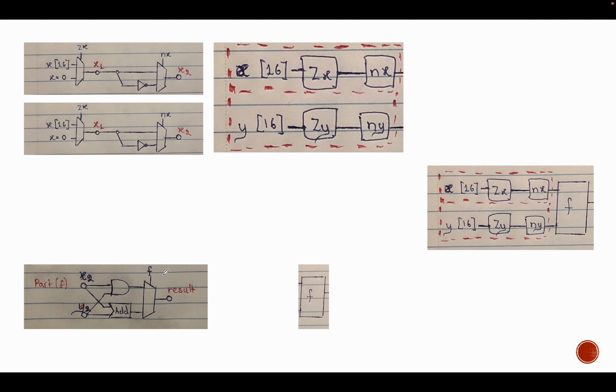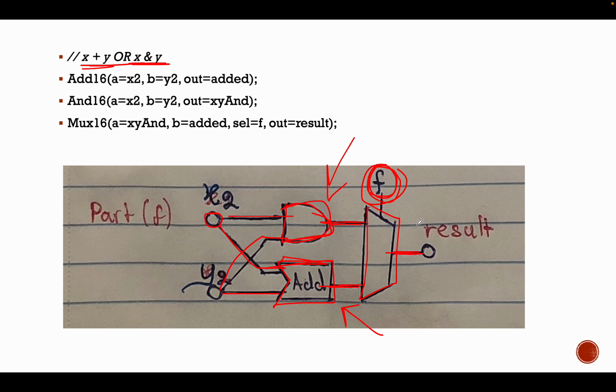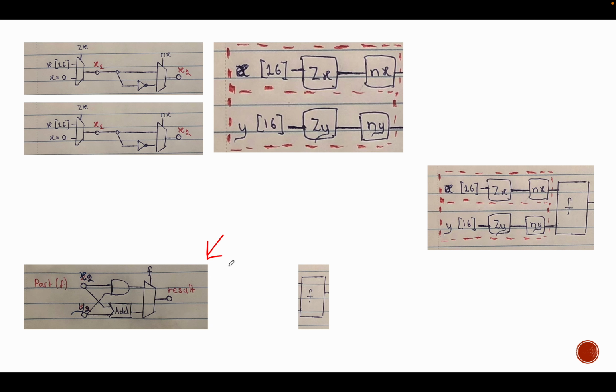Now, if you look here, this is the view. We can convert that into a more abstract view. So we're just going to draw a box, a rectangle, and then we're just going to name that as F. And remember, this is from the last slide. We can scribble that out, and we can have this as the abstracted view.